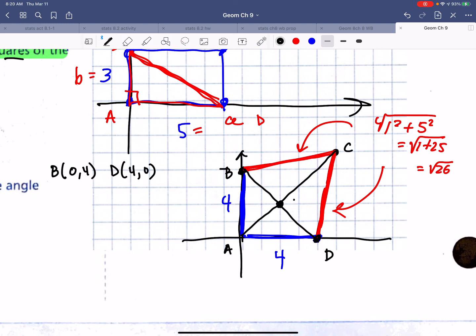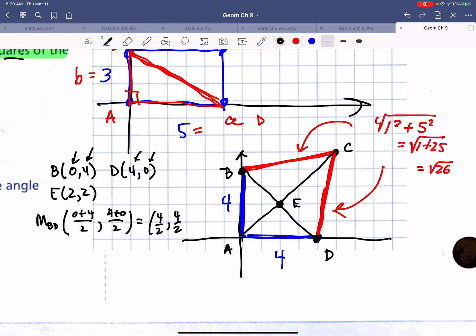I'll call this E, it looks like point E is 2, 2. So can I use the midpoint formula to prove that? Sure. The midpoint of BD would be add the two x's, divide by 2, add the two y's, divide by 2. And what do you know? That's true. So that one's cut in half, but this one very obviously is not.